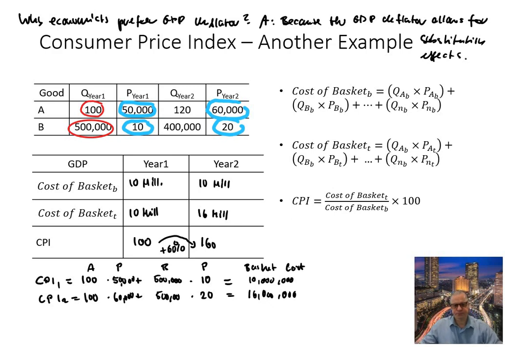So that is the main difference between the GDP deflator and the consumer price index.